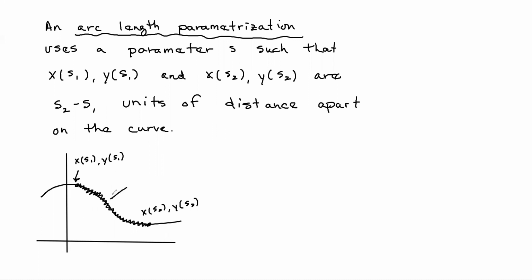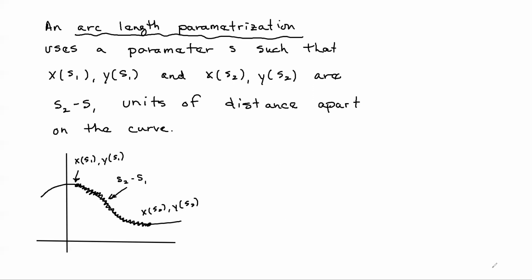That length is S2 minus S1. That's how an arc length parameterization works. If you plug in values to generate the curve, the length between the points that you generate is the same as the difference between the inputs. Okay, so that's what it means to have an arc length parameterization.